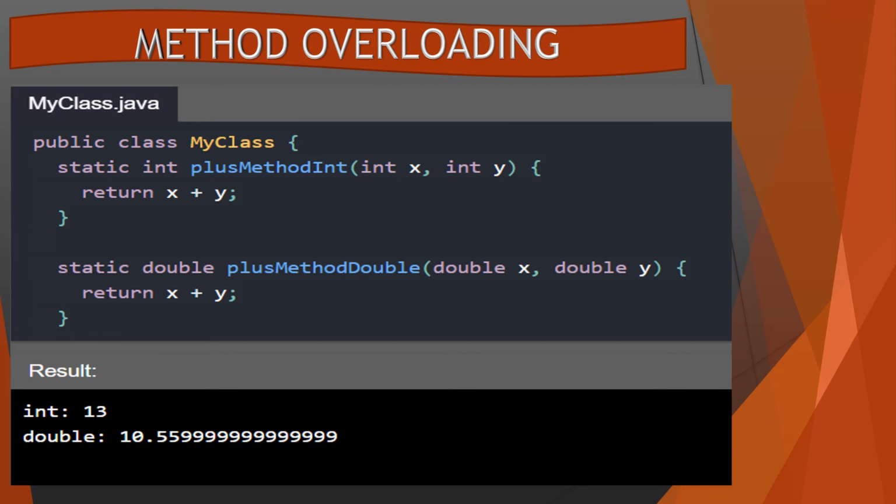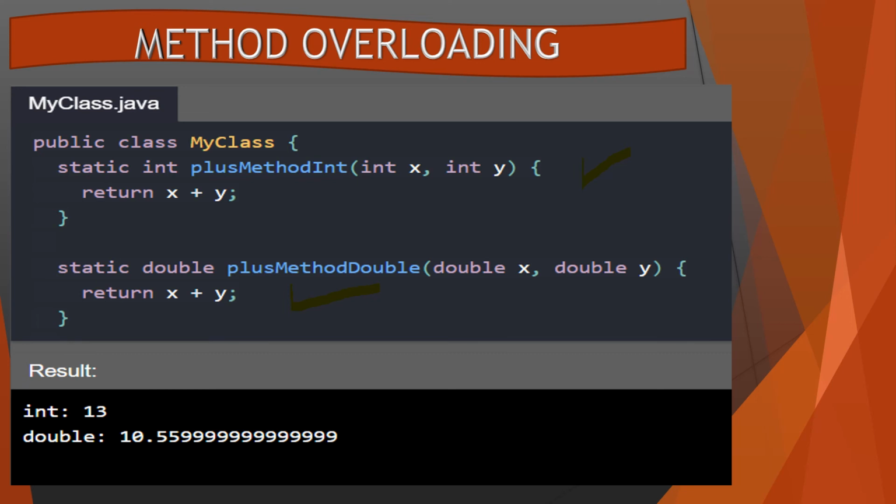So we have here the plus method int, so the type is integer, and we have another plus method double, which is of type double. So they are of two different types, int and double.